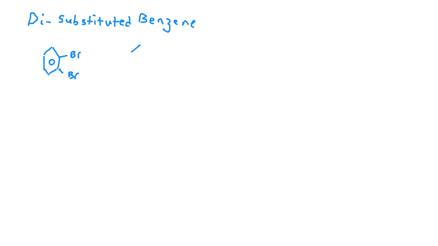Now let's do it again. Put a bromine there, and let's say I put a bromine here. Now let's do another one. Let's keep that bromine there, and let's put the bromine here.